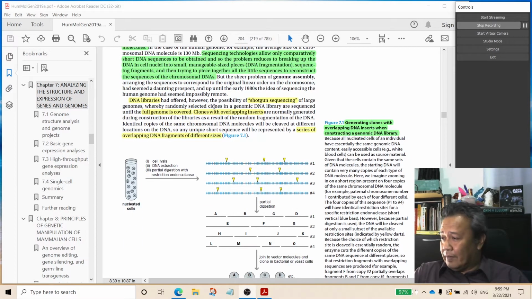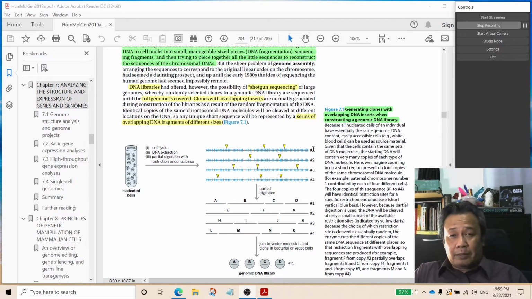Once you have that particular fragment, this section talks about shotgun sequencing. What that means, you have to know how a shotgun shoots. If you use a normal rifle, you shoot with a bullet and you get one mark. But if you use a shotgun, it gives you a bigger coverage, a wider effect.